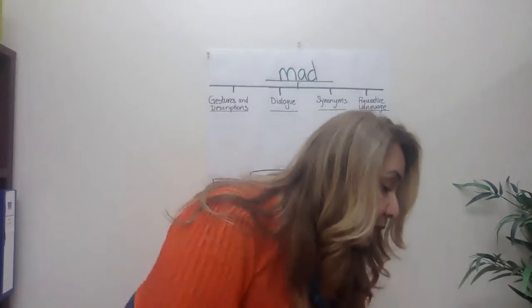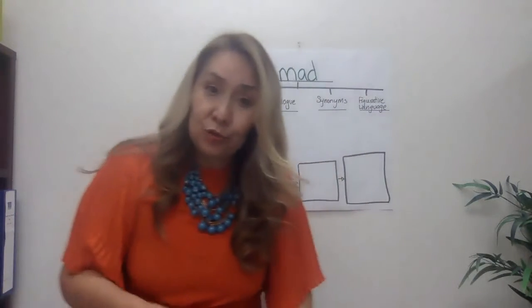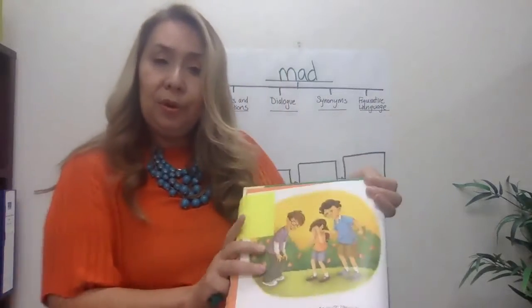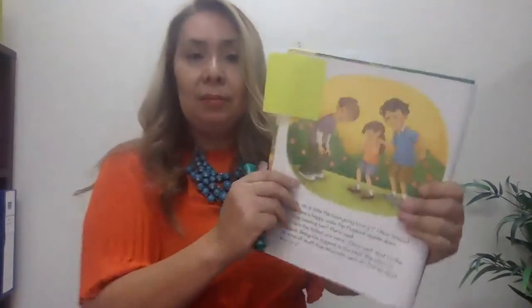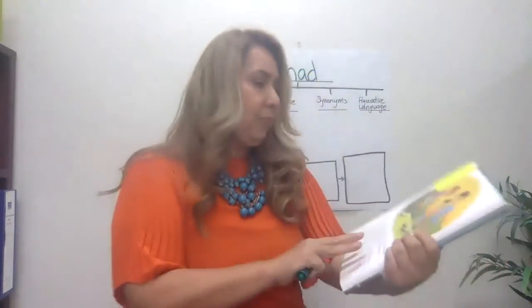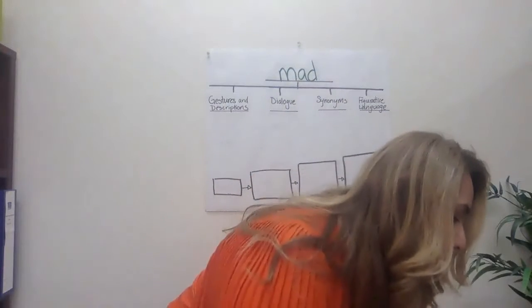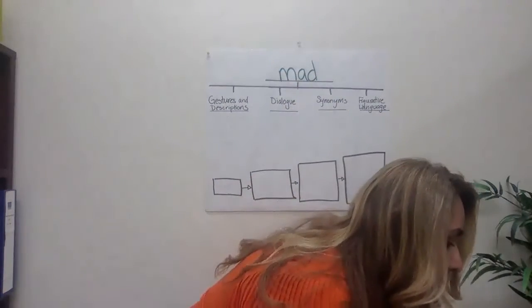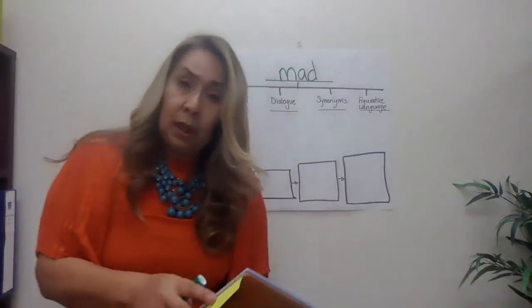Now, we've seen in many of the stories we've been reading, pictures, and just everyday life ideas that show that someone is mad. Remember when Marco was so mad when Thomas was teasing his sister? He got really mad. And then we were looking at stories.